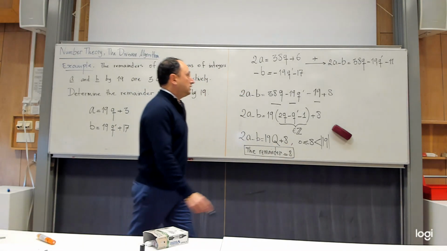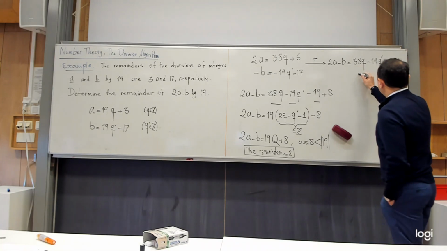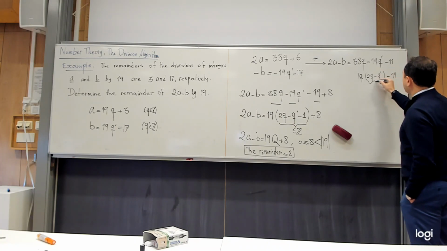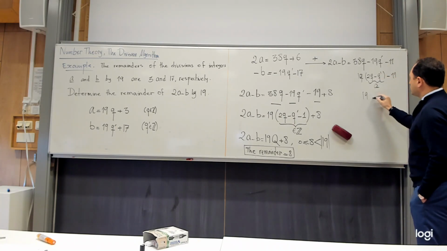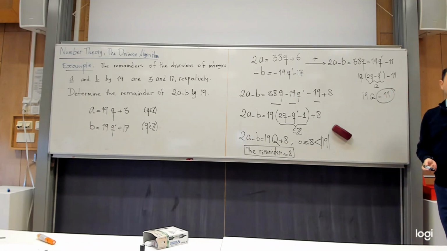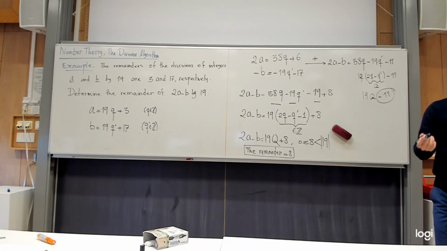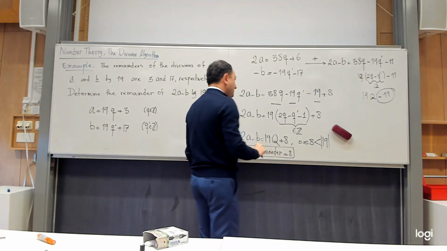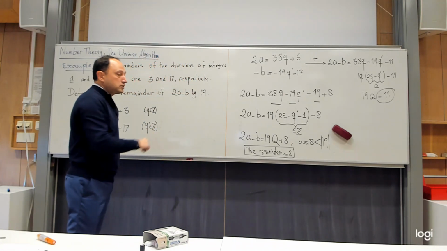Here I could factor a 19 out, it becomes 2q minus q prime. I still can call this q, but even though this is true, it is useless, because then I cannot call this the remainder. So I have to adjust it by simple thinking. How can I make it positive and smaller than the absolute value of 19? So the answer to this question is 8.